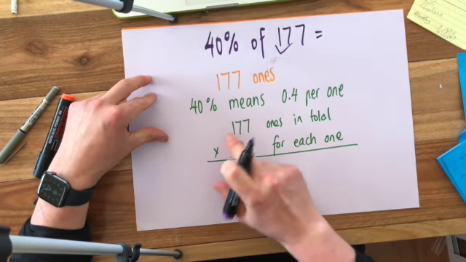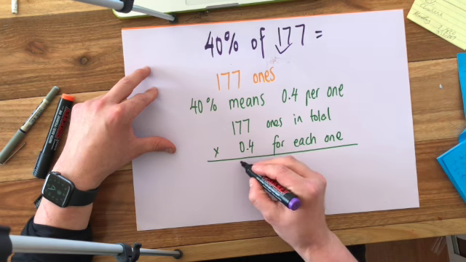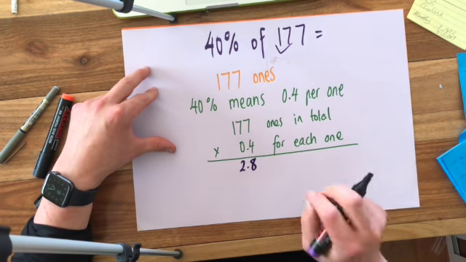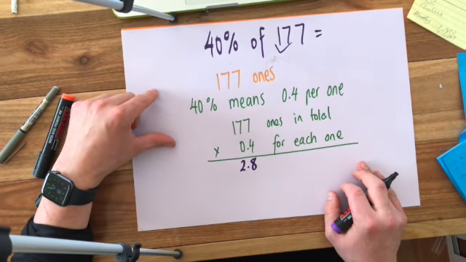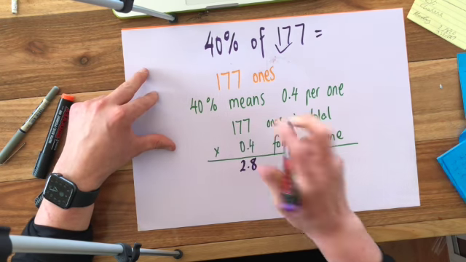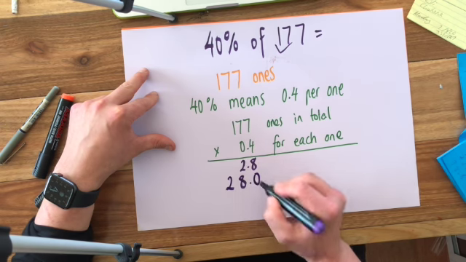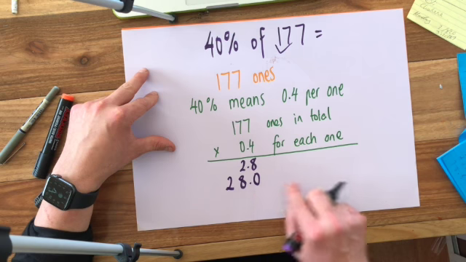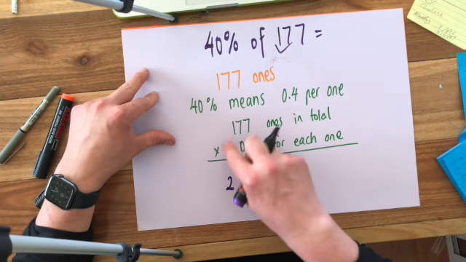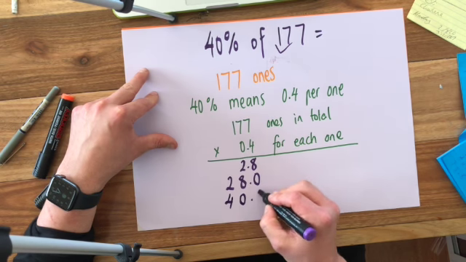4 tenths times 7 is 2 ones and 8 tenths. 4 tenths times 7 tens is 28 ones, 0 tenths. 4 tenths times 100 equals 40 and 0 tenths.